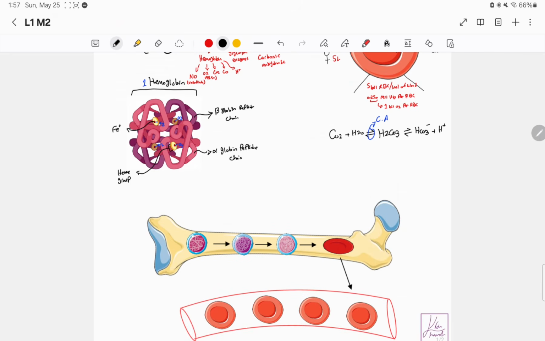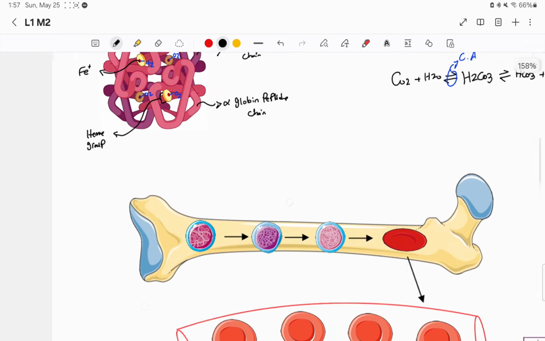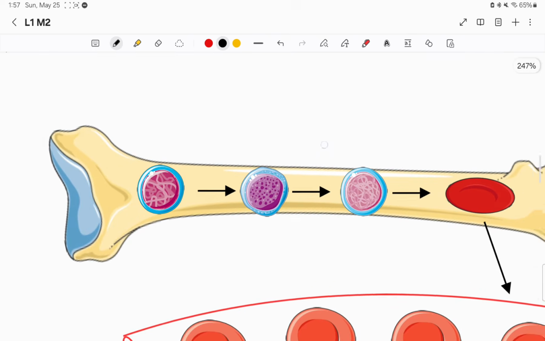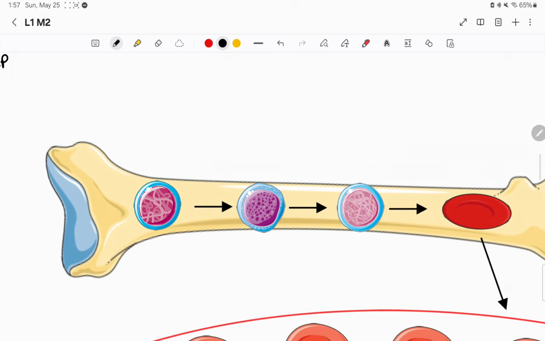Okay? Inside of the bone marrow, specifically the red bone marrow. In your long bones, okay? These guys go through the process of red blood cell formation, okay? Red blood cell formation, or erythropoiesis, right? Now, what ends up happening is there is this specialized stem cell inside of the bone marrow called a pluripotent stem cell.